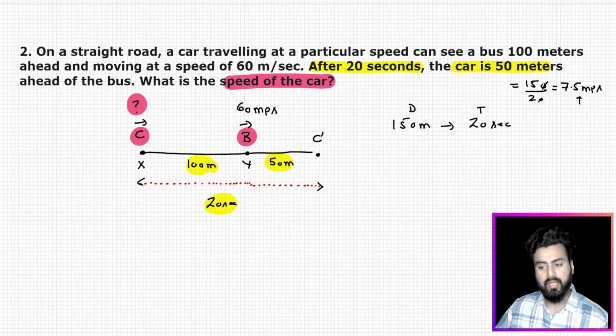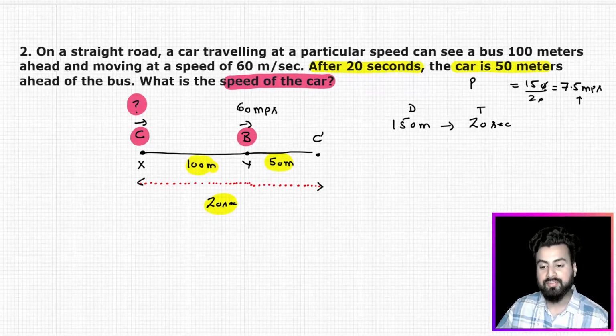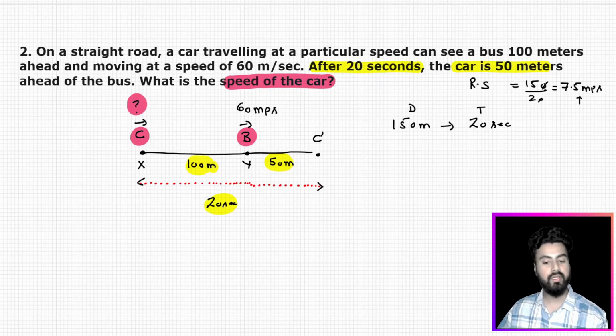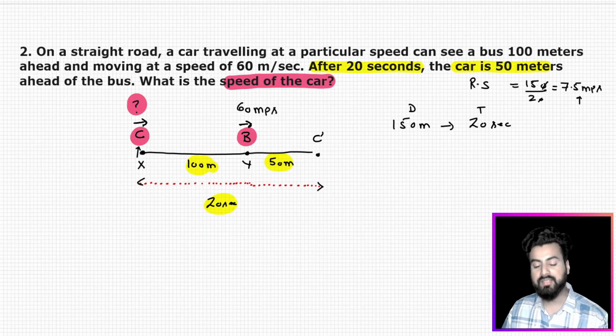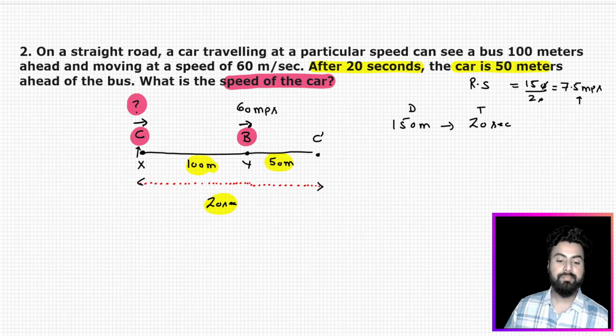This is the value of speed, but what speed? This is relative speed. And if someone asks you, what case of relative speed, since the two bodies are moving in the same direction, and this body means the car is overtaking bus. So one thing is for sure, the speed of car must be more than 60 meters per second.